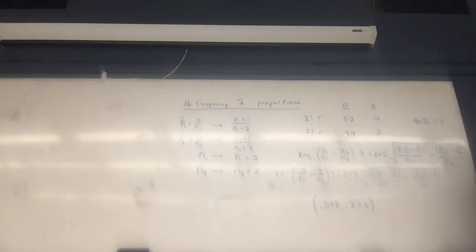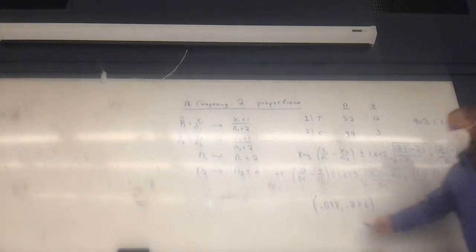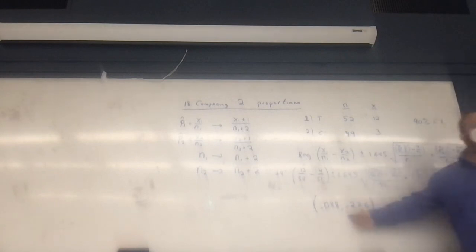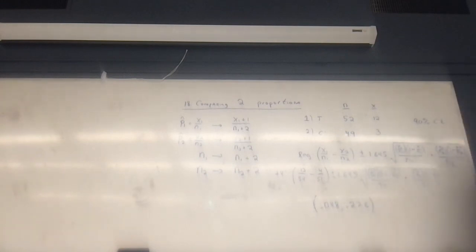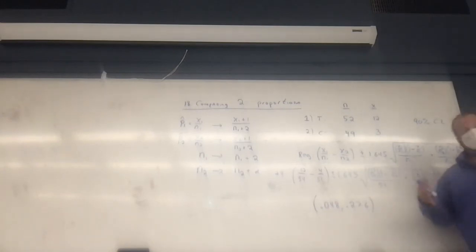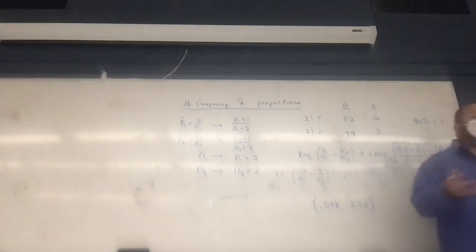In particular, since all of those numbers are positive, and I feel the true value is somewhere in this interval, I will conclude that these educational materials work, that the proportion of graduates of the babies who did go through this educational program is greater than the proportion who didn't. You got to eventually take the results of your math and apply it back to the context of the problem.